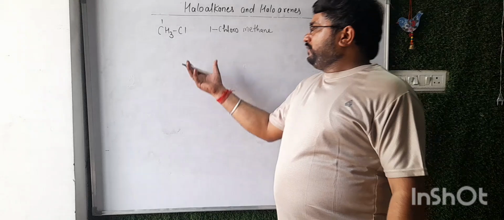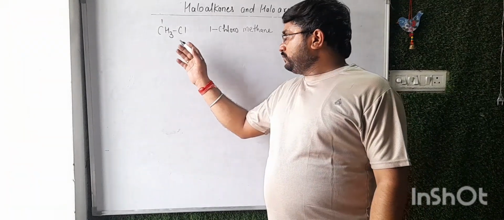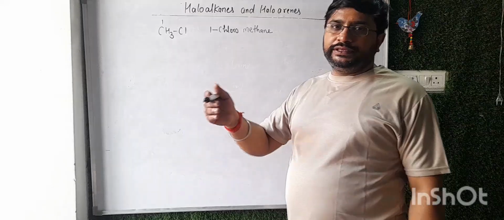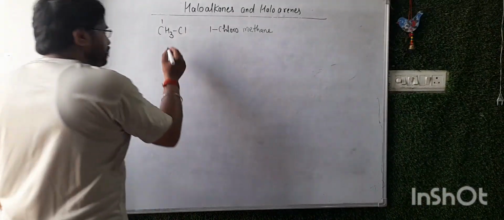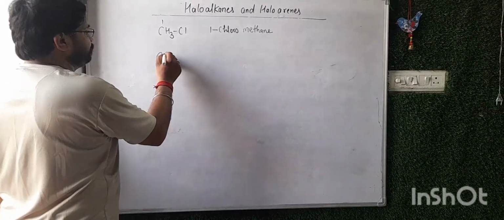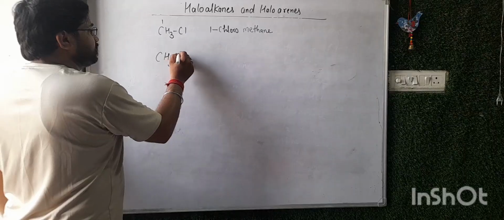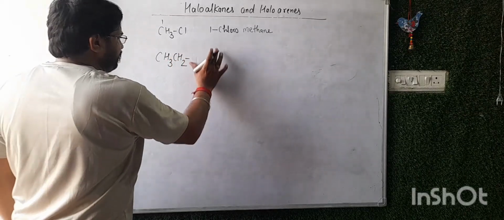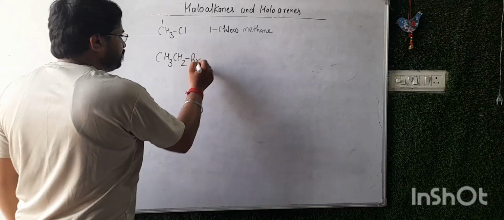After that we add 2 and 3 halogens, and then name them. Here is CH3Cl, now CH3CH2 with a halogen.